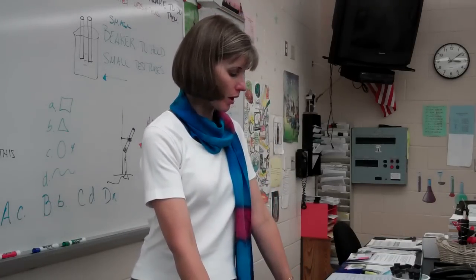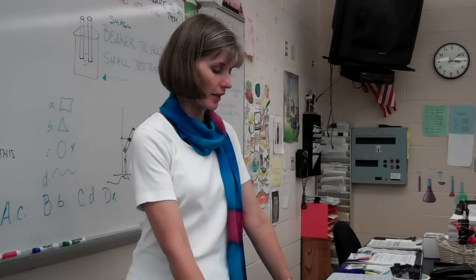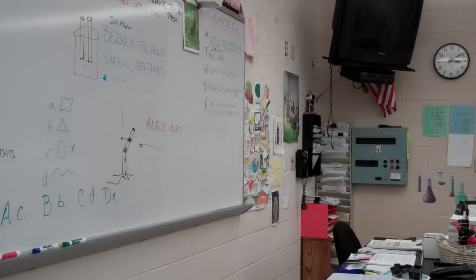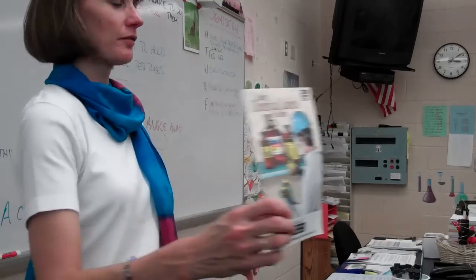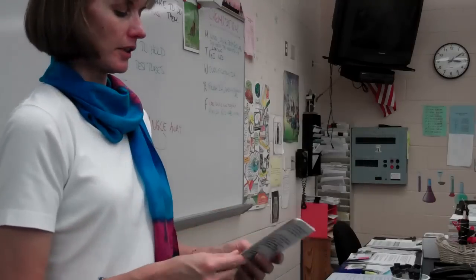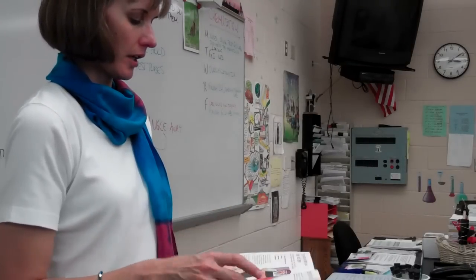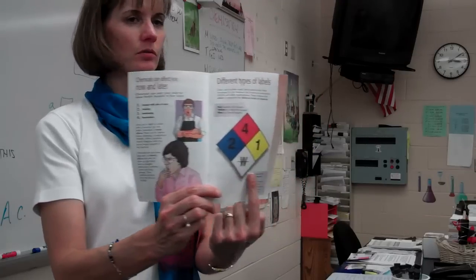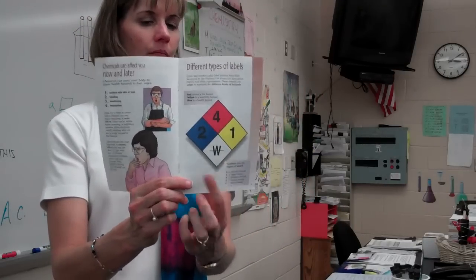And 31, what the different numeric safety codes on a chemical label mean. So that goes back to this booklet that we worked on in class together, and these safety symbols. Okay?